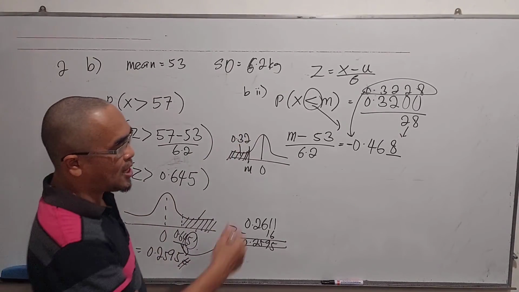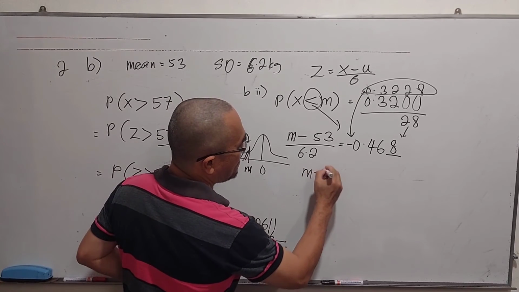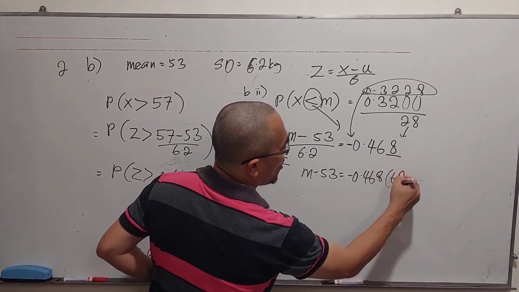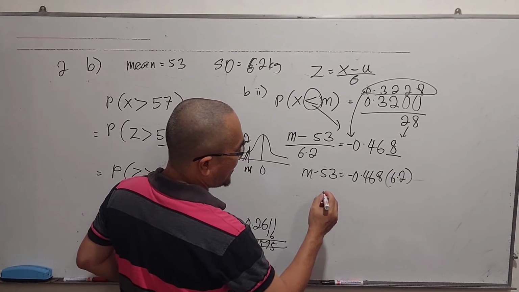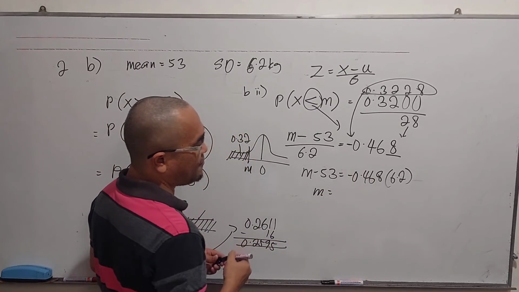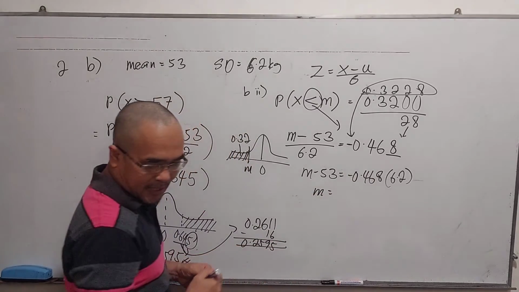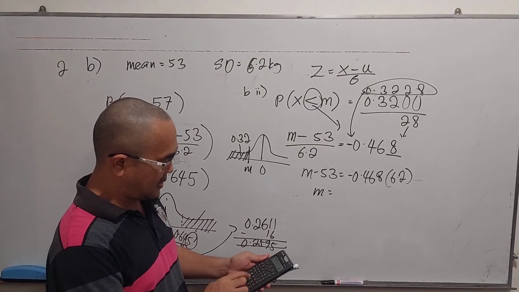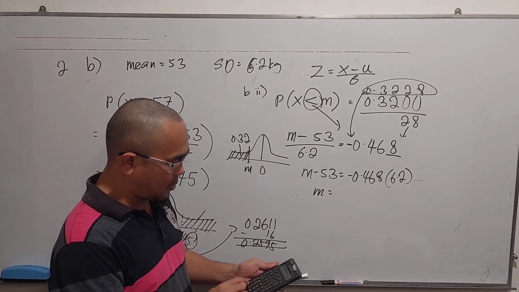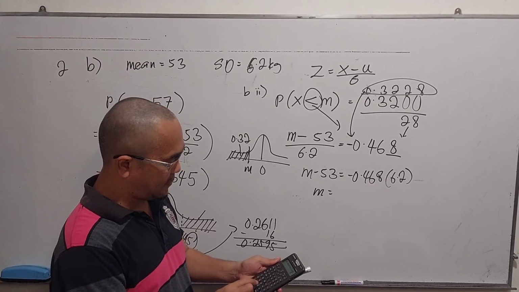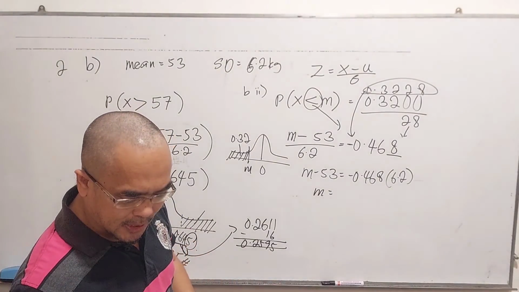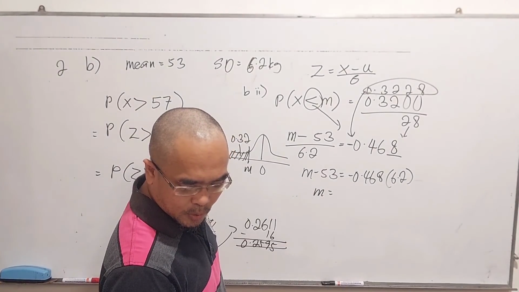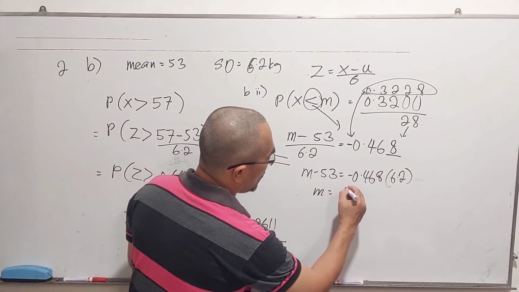Then what is next? You just solve it. So we have to say M minus 53 equals negative 0.468 times 6.2. And then M will be whatever that value is plus 53. So negative 0.468 times 6.2, then plus 53, which is 50.09 plus 1, so 50.10.